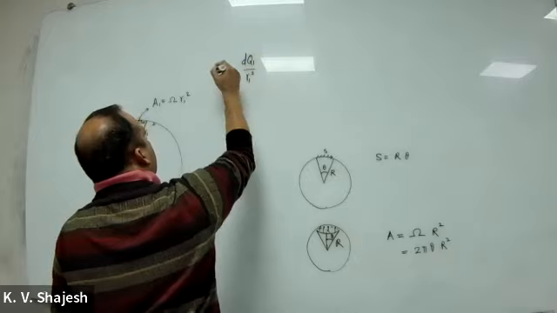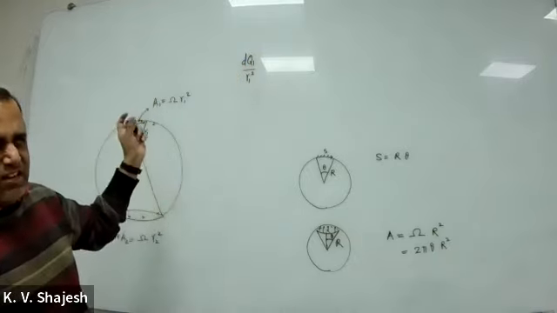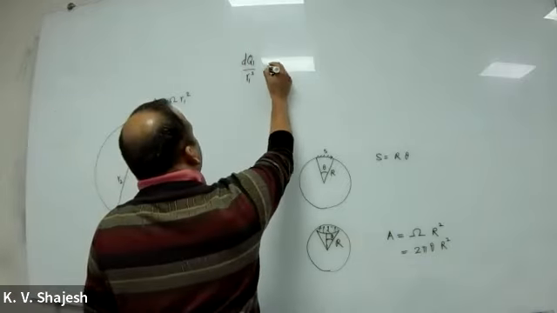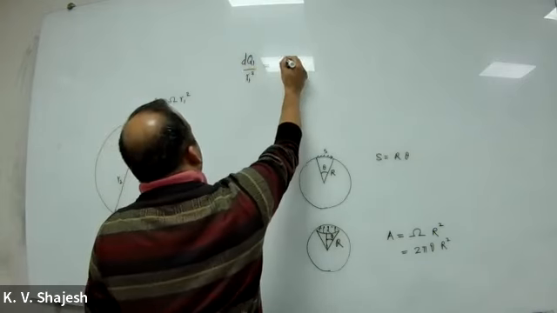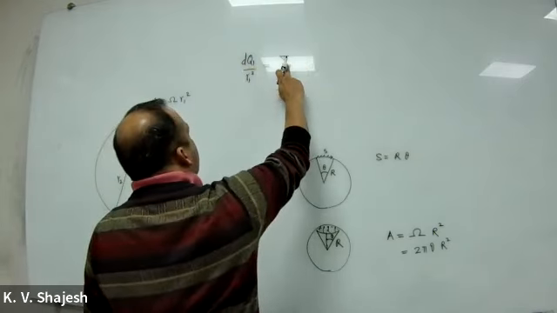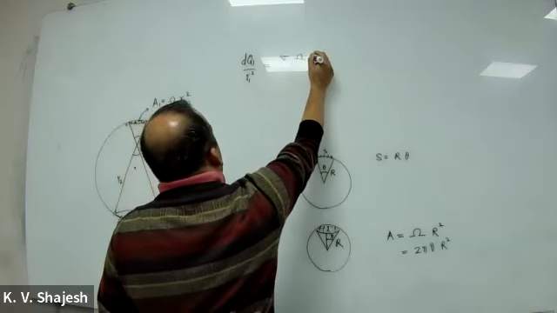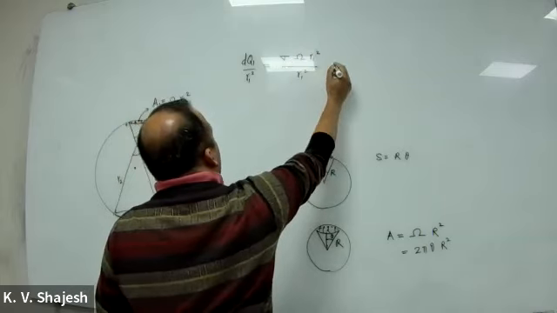That's your electric field due to the top cap. Make it an infinitesimally tiny angle. That's equal to dq1. If it is uniformly distributed, it is some charge per unit area sigma times the area, over R1 squared. R1 squared cancels out.